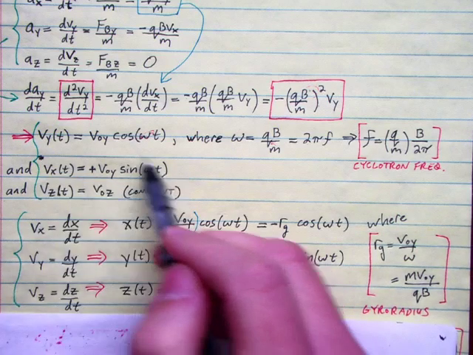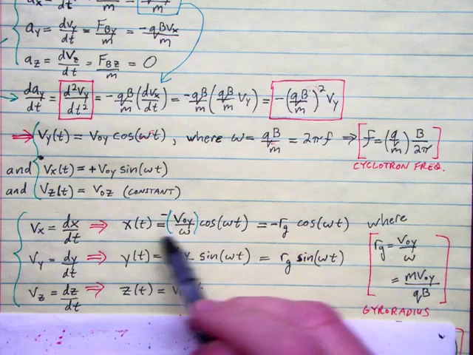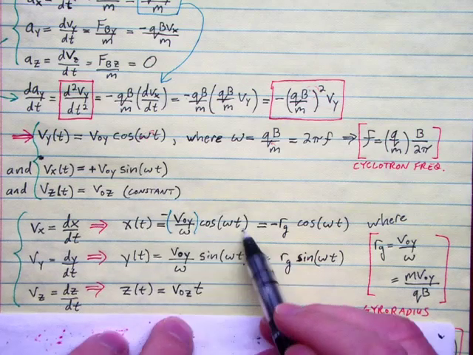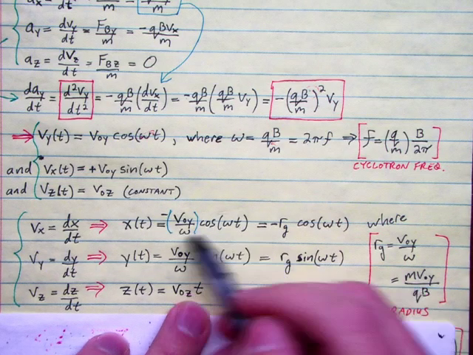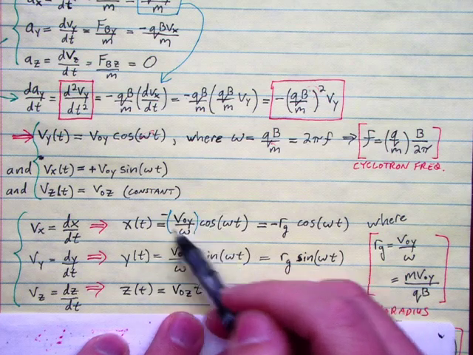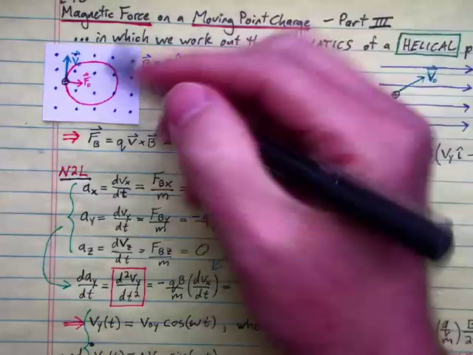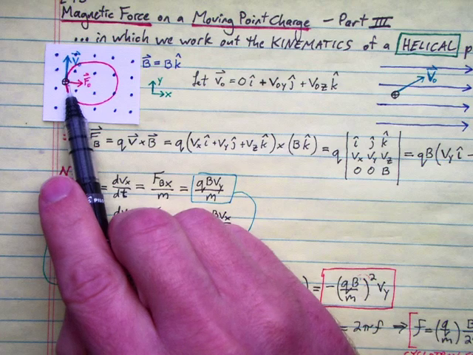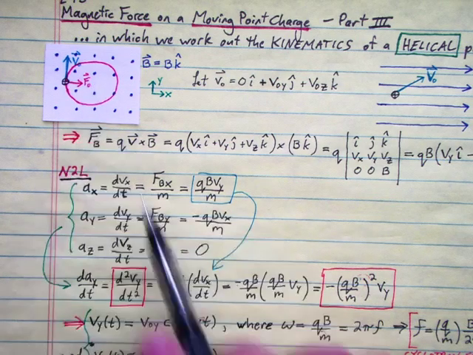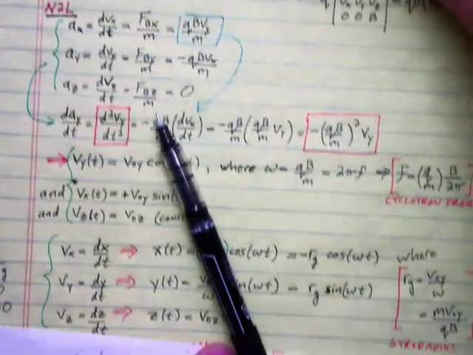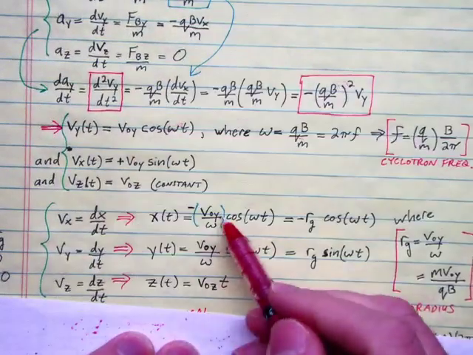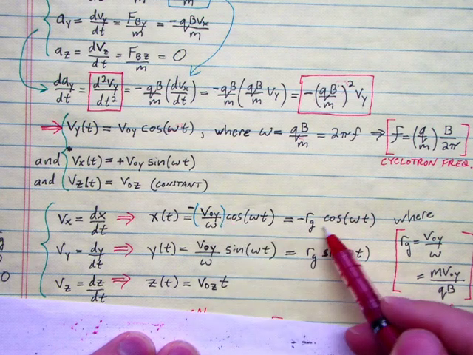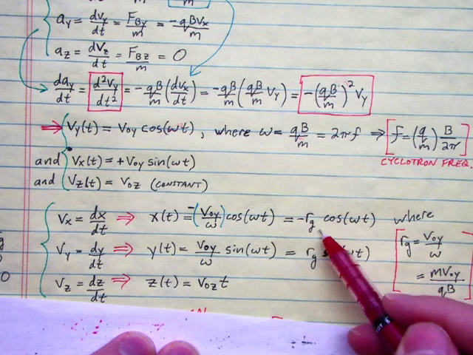Integrating this function, we find that x of t can be given as minus v naught y over omega times cosine omega t. So at time 0, x is initially at its negative max value. At time 0, the x-coordinate is over here at its negative max value, if that's our origin, right in the middle. Okay, so v naught y over omega, that will be the sort of amplitude of this oscillation, which will be the radius of that circular path.